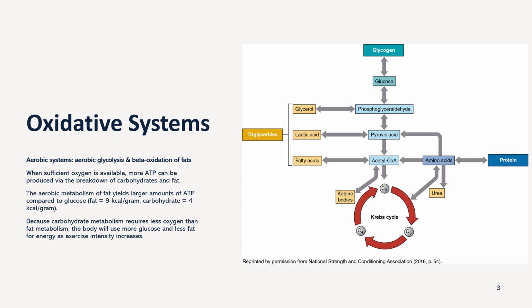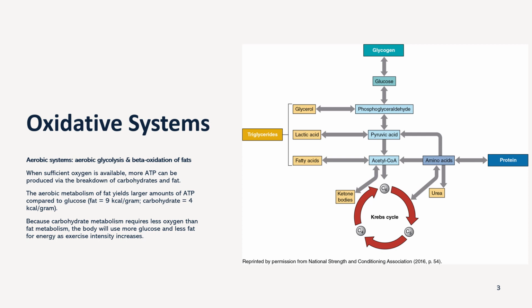Oxygen acts as the final electron acceptor in this process, combining with hydrogen ions or protons to form water. Aerobic glycolysis provides a relatively efficient pathway for ATP production, generating a larger yield of ATP compared to anaerobic glycolysis. It is the main energy system used during moderate intensity endurance activities such as jogging, cycling, and swimming.